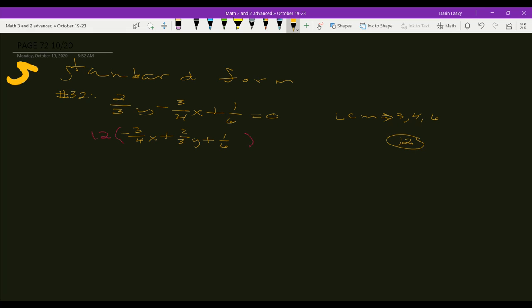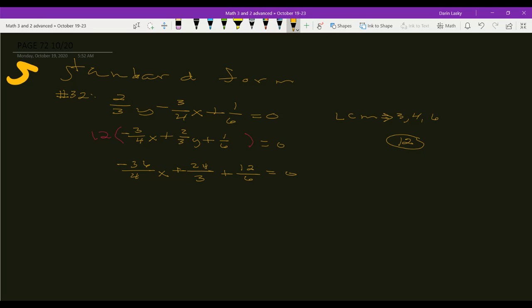So when we have this, and this is going to equal 0, now we can multiply through. So 12 times negative 3 is going to be negative 36 over 4 x. Then 12 times 2 is 24 over 3, plus 12 times 1, which is 12 divided by 6.